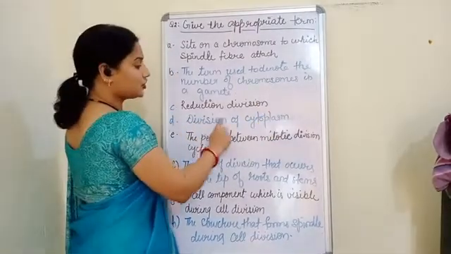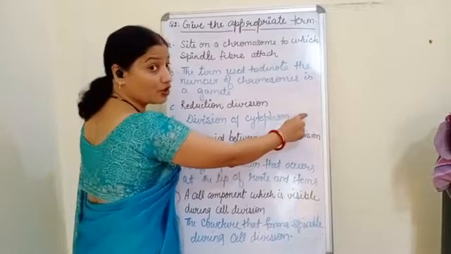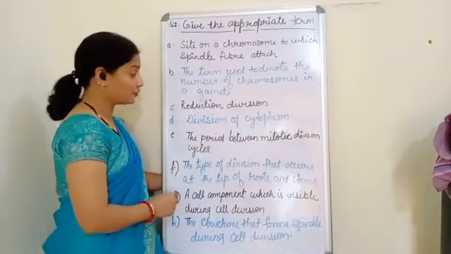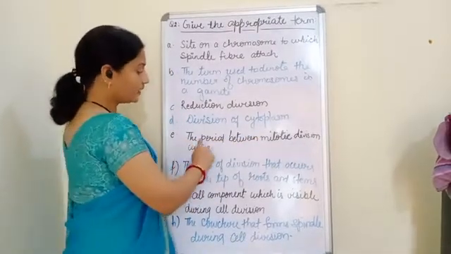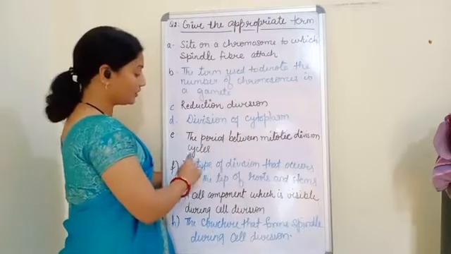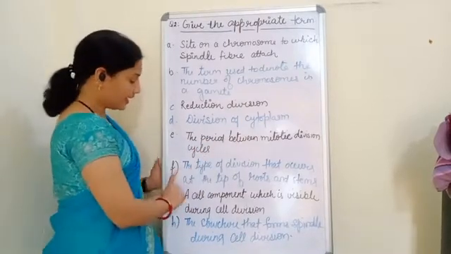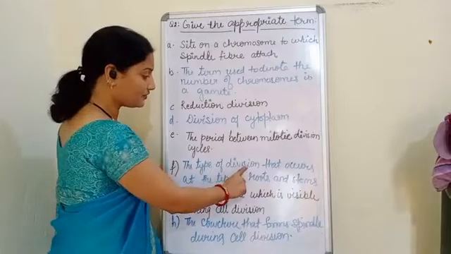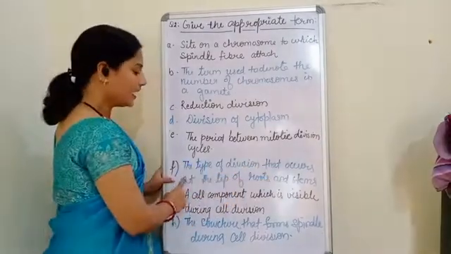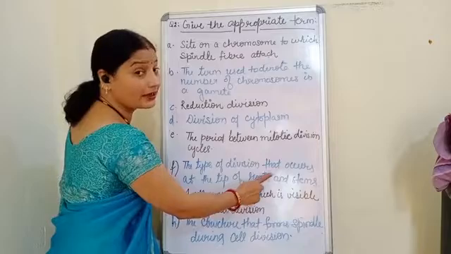D. Division of cytoplasm. What do we call the division of cytoplasm? E. The period between mitotic division cycles. F. The type of division that occurs at the tip of roots and stems.